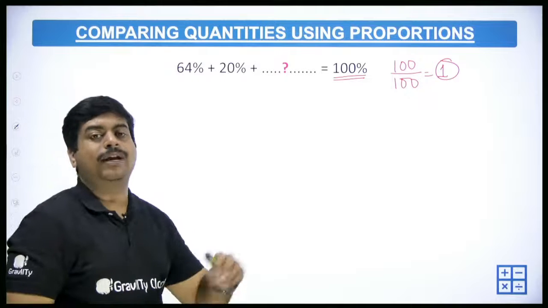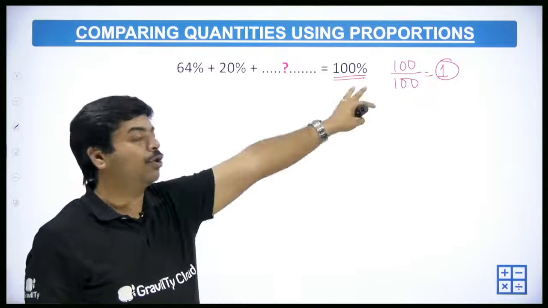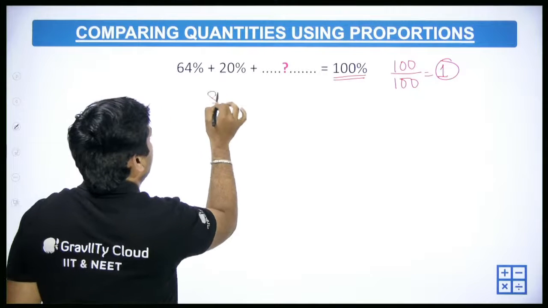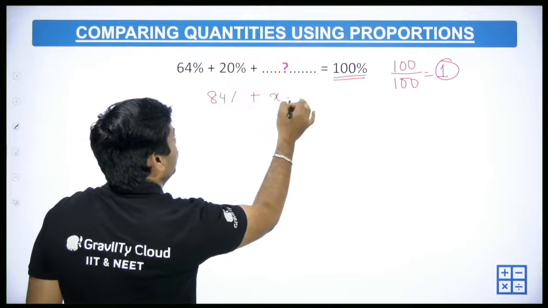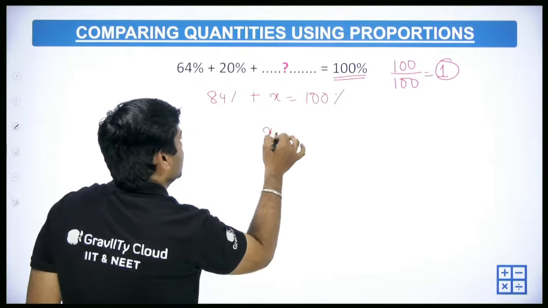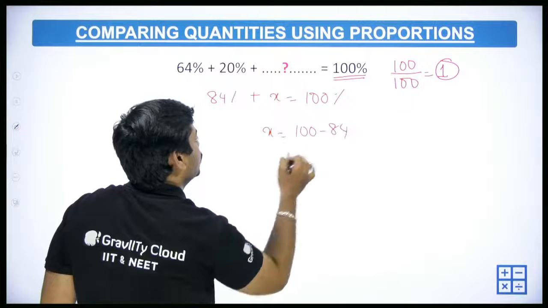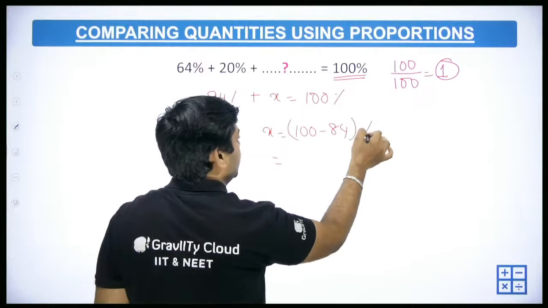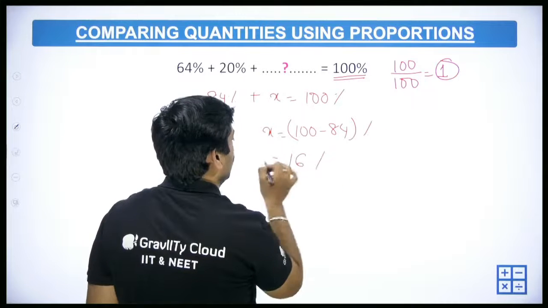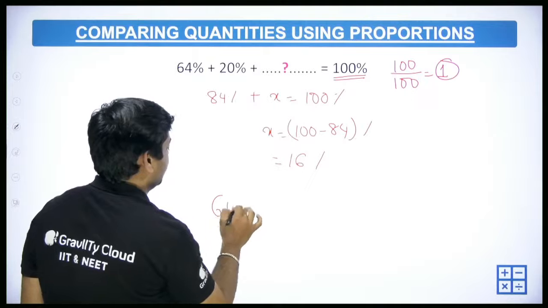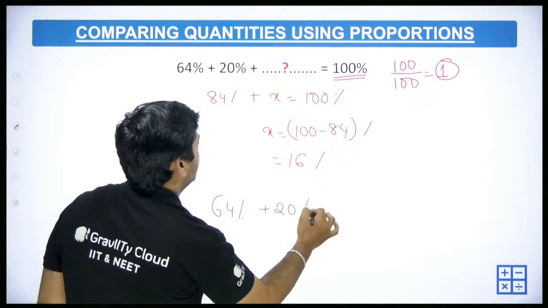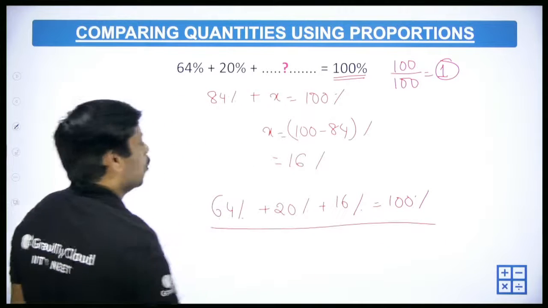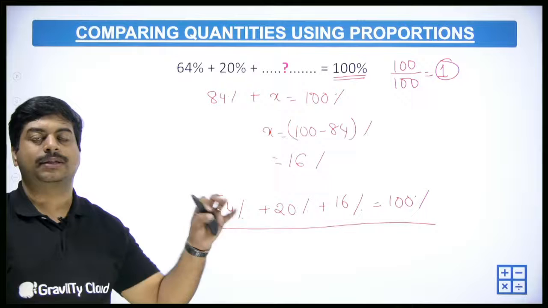That means always the sum of the percentages will be equal to 100%. So 64 plus 20 is 84, and 84 percentage plus X will be equal to 100 percentage. So X is equal to 100 minus 84, which is 16 percentage. So 64% plus 20% plus 16% is equal to 100 percentage, right?